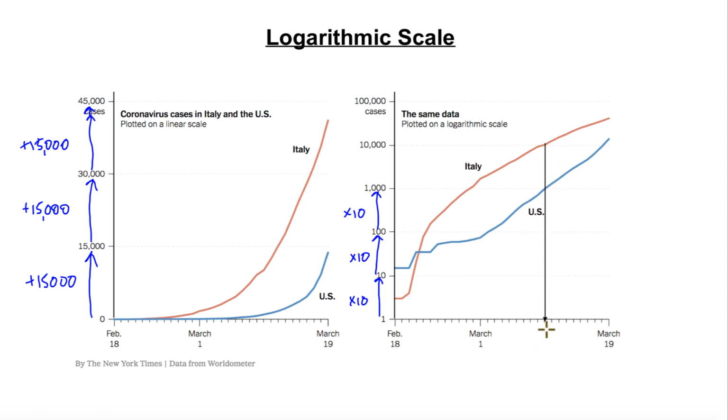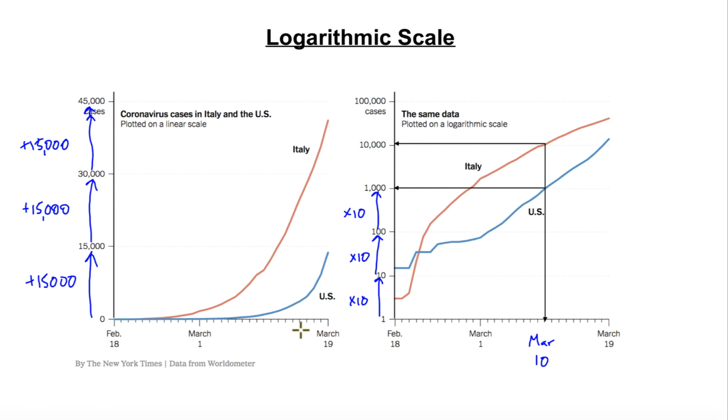This is telling me the date: we have the 19th, 18th, 17th, 16th, 15th, 14th, 13th, 12th, 11th, 10th. So this is the 10th of March. On March 10th, in the US, there were roughly 1,000 cases. And in Italy, on the same day, if we go across from here, we can see they had roughly 10,000 cases or just over.